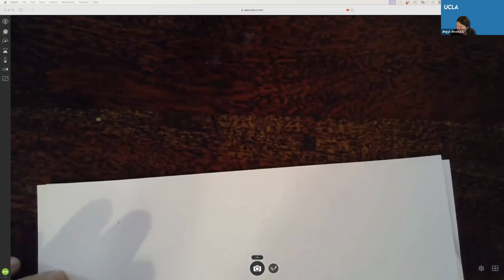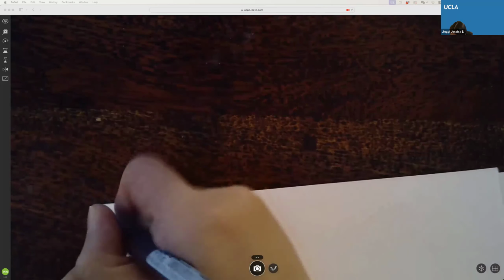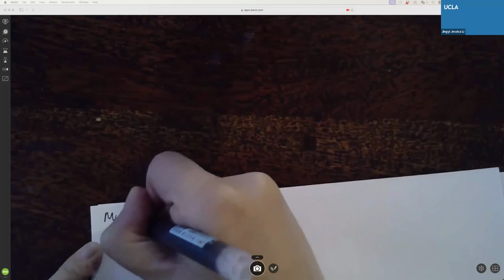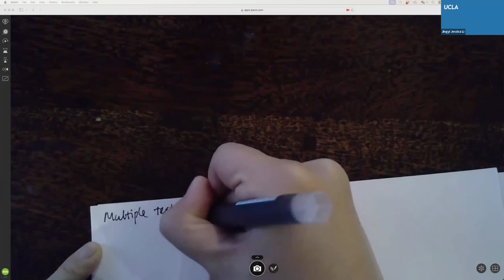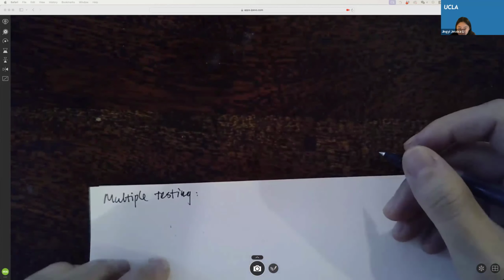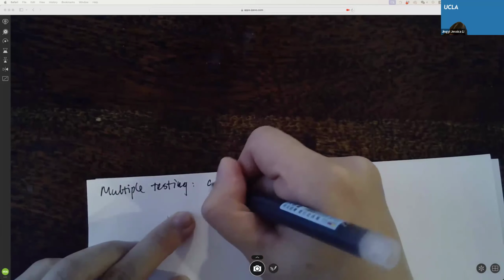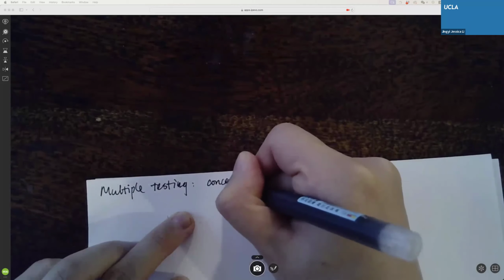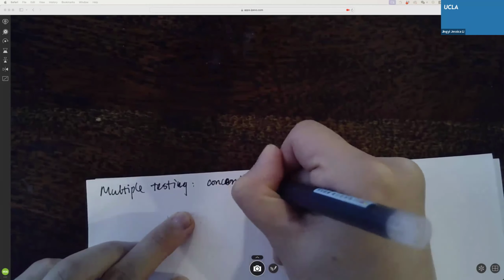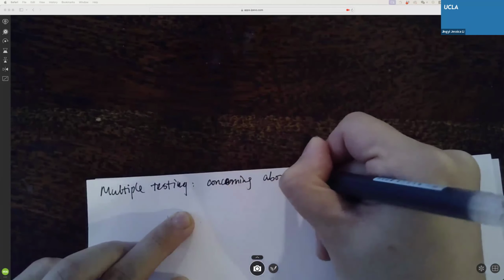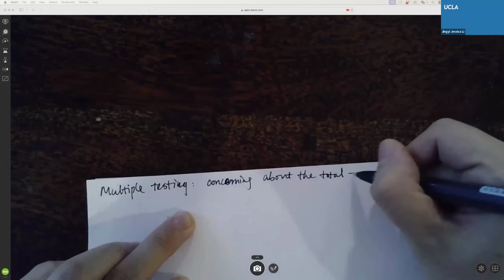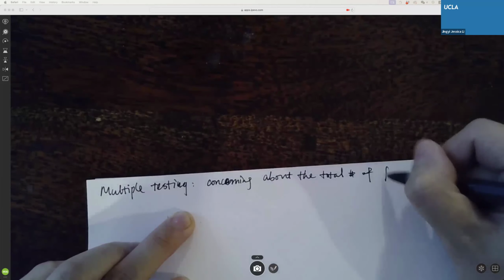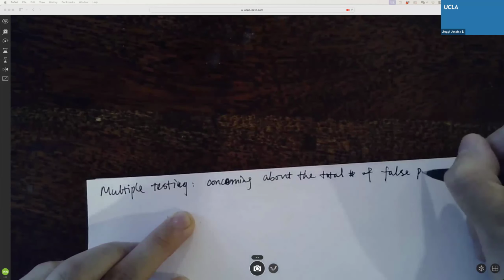The so-called multiple testing problem means that we are concerned about the total number of false positives.